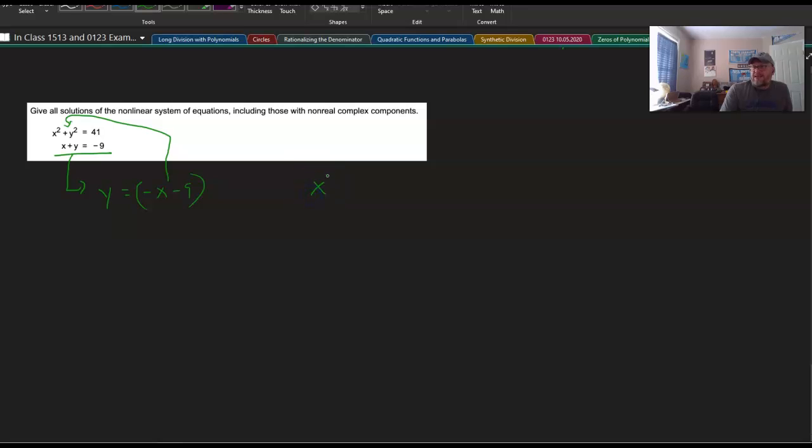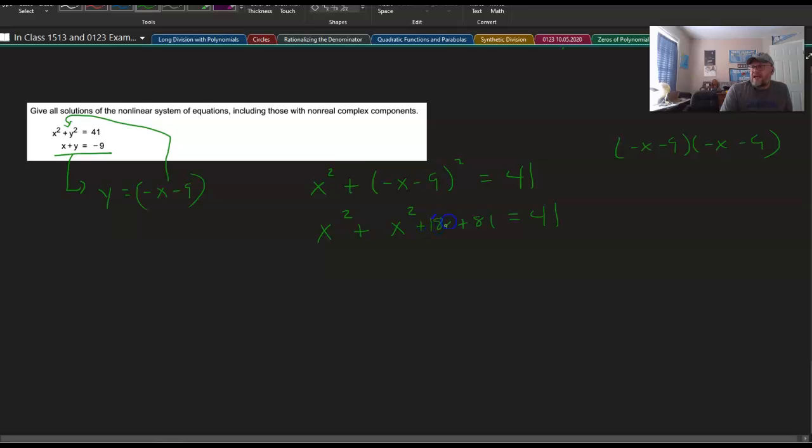So it'll be x squared plus y squared, but we're substituting this in, equals 41. So if I want to square this, a short method is x squared, 81, and then an 18x.